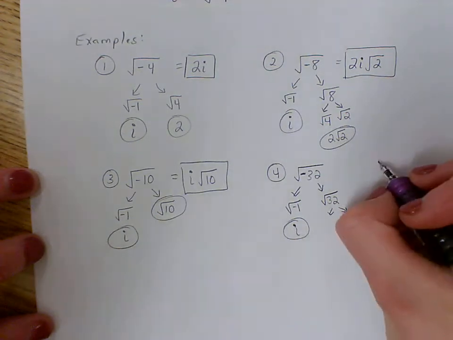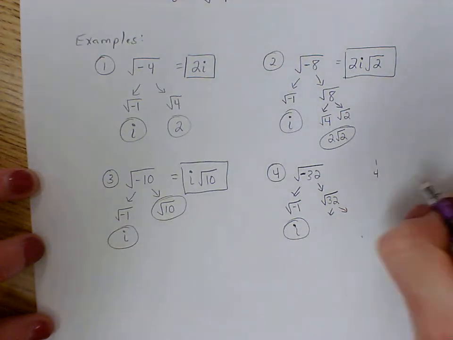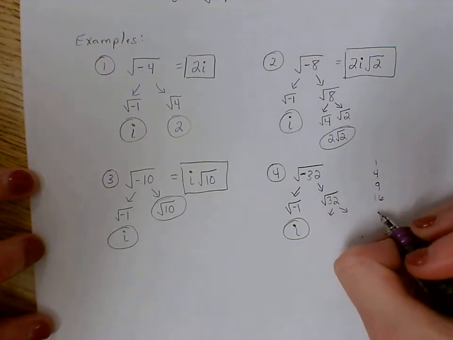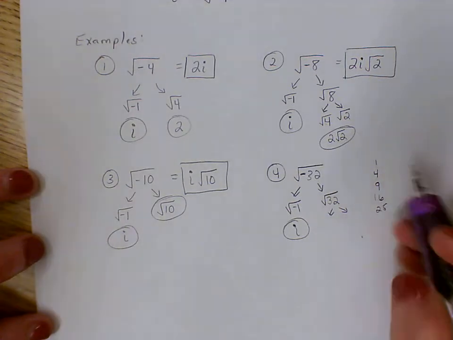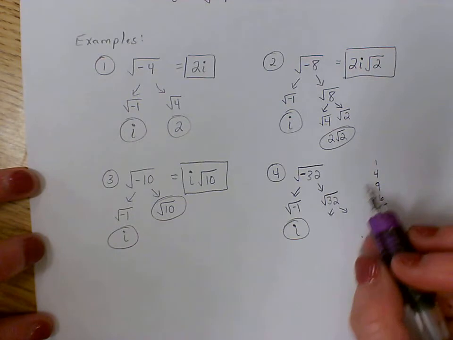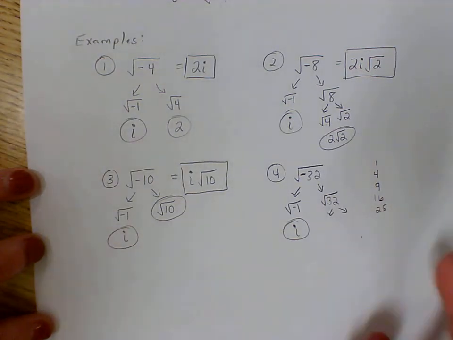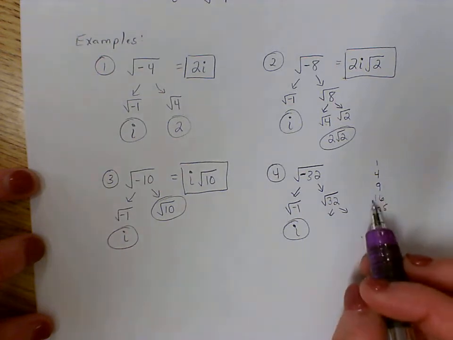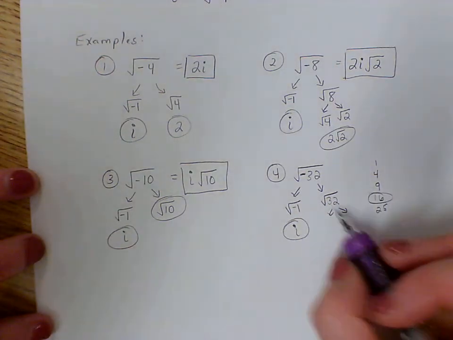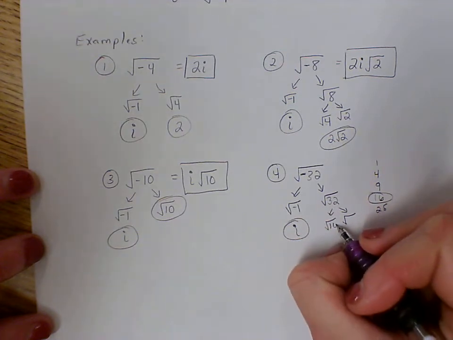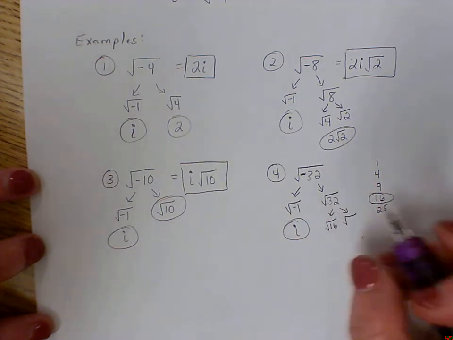So if you list out your perfect squares, we have 1, 4, 9, 16, 25, and so on and so forth. We're looking for the biggest one that evenly goes into 32. If you start dividing 32 by those numbers, you'll figure out that 16 goes into it. So you're going to break it down into the square root of 16, and then what number times that gives you 32?